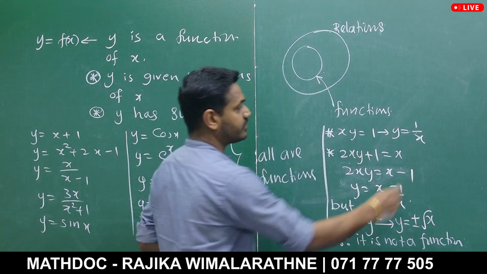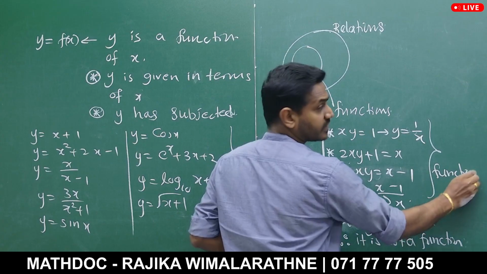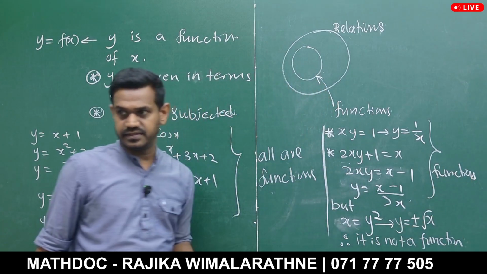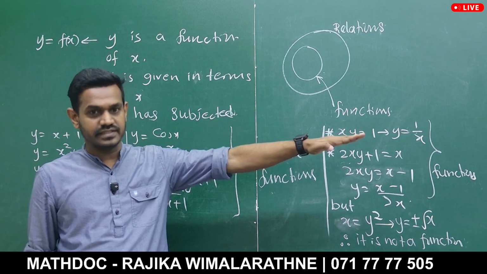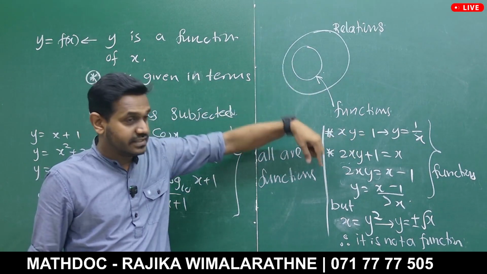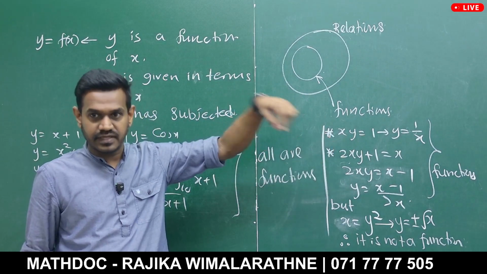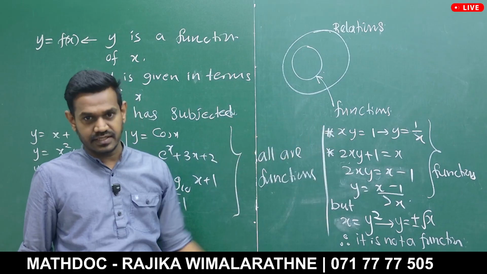But here these two are functions. If y is expressed in terms of x, surely that is a function. Y already subjected, no? If y is easily subjectable, then we say that is a function again.